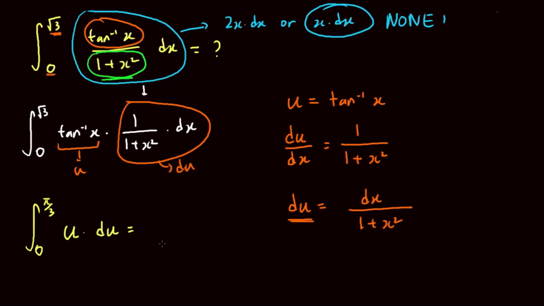So of course if you do the integration, it's just simply u squared over 2, right? And then it's just simply pi over 3 and 0, alright?